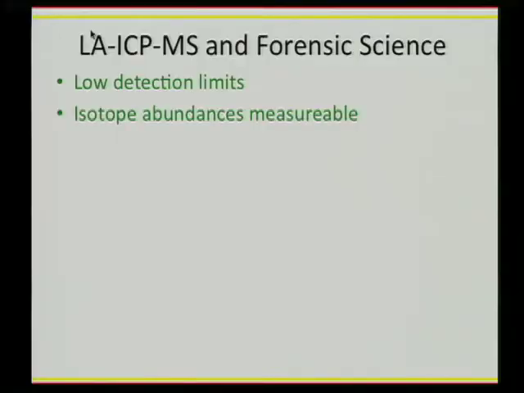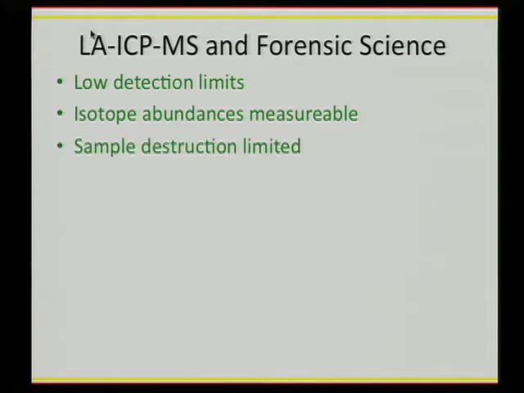So why do you use LA-ICP-MS in forensic science? Well, it boasts low detection limits, which are great for trace analysis. We can look at isotope abundances and even go as far to say that we can get a characteristic spectrum of whatever sample you're trying to analyze.